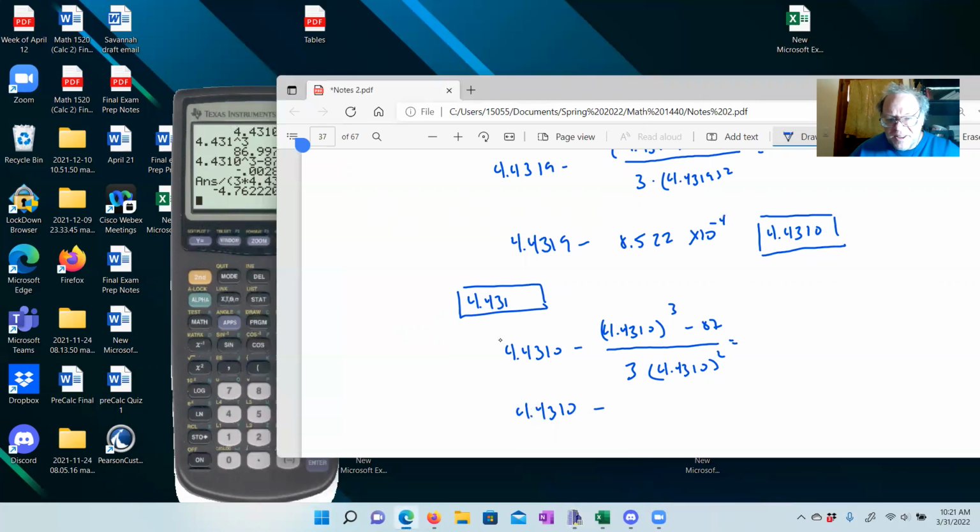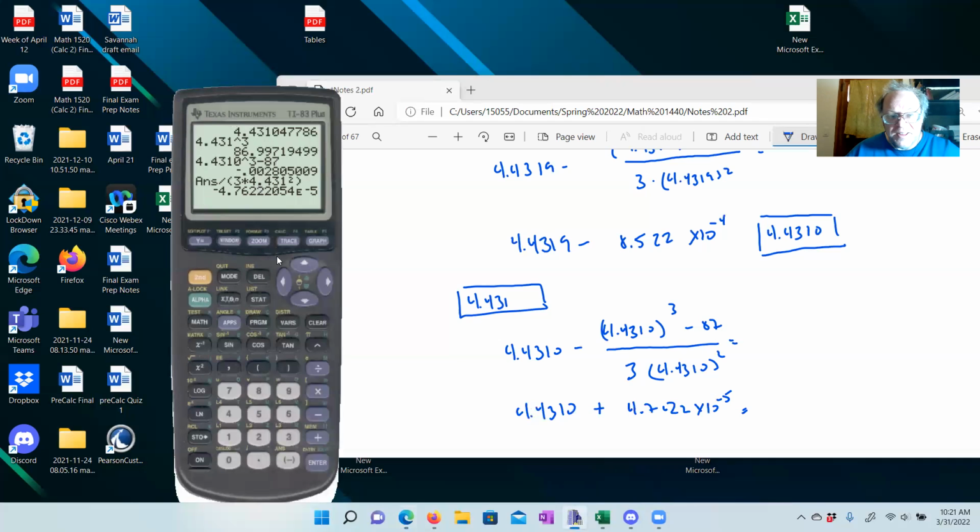Okay, so here we have 4.4310 minus, which is really going to be a plus, 4.7622 times 10 to the negative fifth. I don't think this is going to change anything. Okay, so we have 4.4310. I'm going to say minus because that'll turn it into a plus, but we'll just use our previous answer.